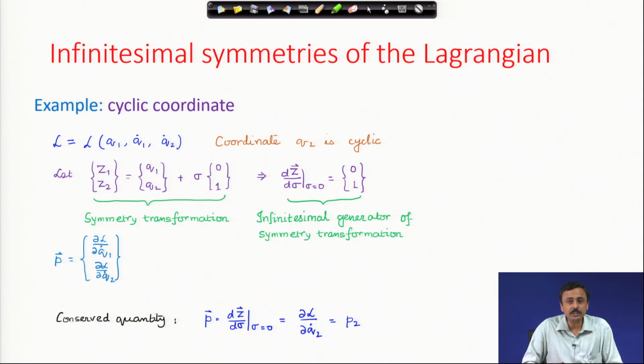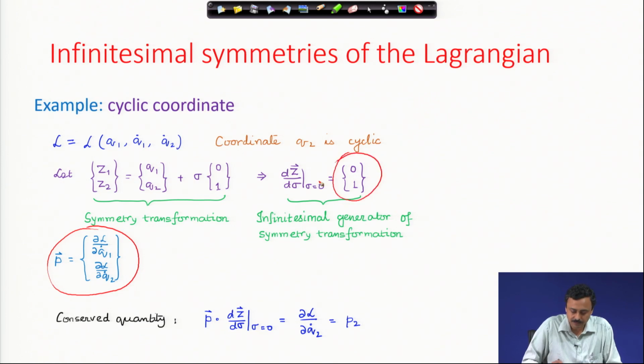And what is the conserved quantity? The generalized momentum vector dotted with the generator of the infinitesimal symmetry transformation, which is dz d sigma at sigma equal to 0. If you do that calculation, this is our generalized momentum and this is our generator.